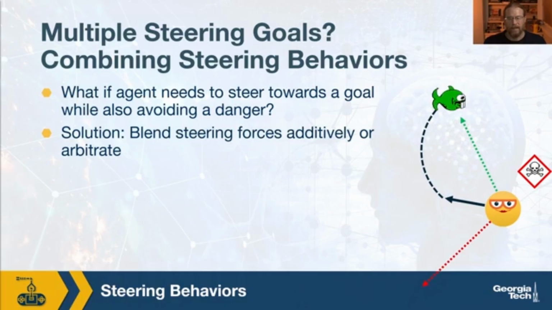And so the idea is that when these two vectors are combined, we might get something that's a blend of the two, something in between, and the agent heads towards that on the given simulation frame. And then the next frame, we recalculate these vectors and their contributions to the blend and repeat this over and over.